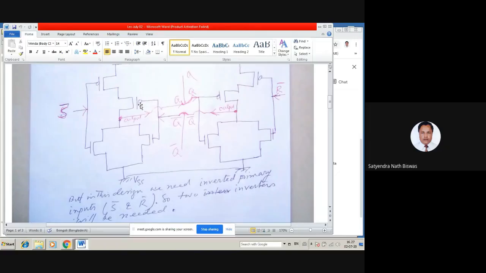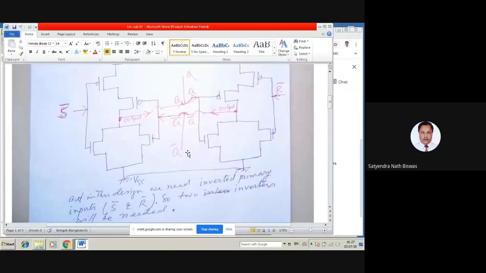The same as here, the output from the first left circuit is Q, and the input of the right circuit is Q also. So this output will be connected to the input of the right circuit. Now you see the two Q are short circuited, and that is the common point Q. So now our inputs are S bar and R bar, the left side is S bar and the right side is R bar, and the output Q is at the top and Q bar at the bottom.